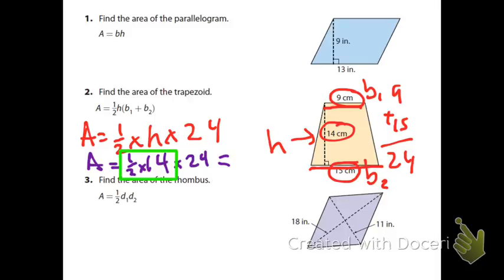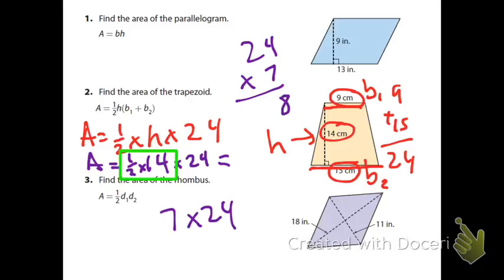If I do that, half of 14 is 7. 7 times 24. So I multiply 24 times 7. That's an easier multiplication problem than what I did before. 4 times 7 is 28. 7 times 2 is 14, plus 2 is 16. So once again, I get 168.